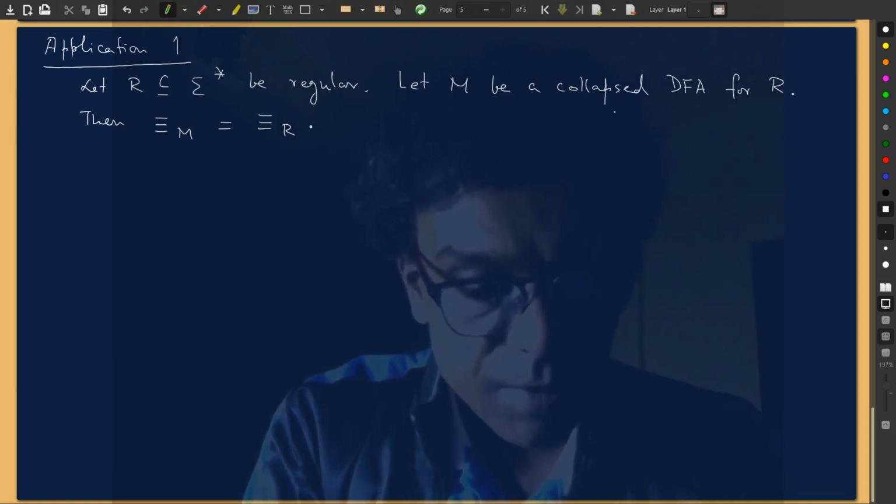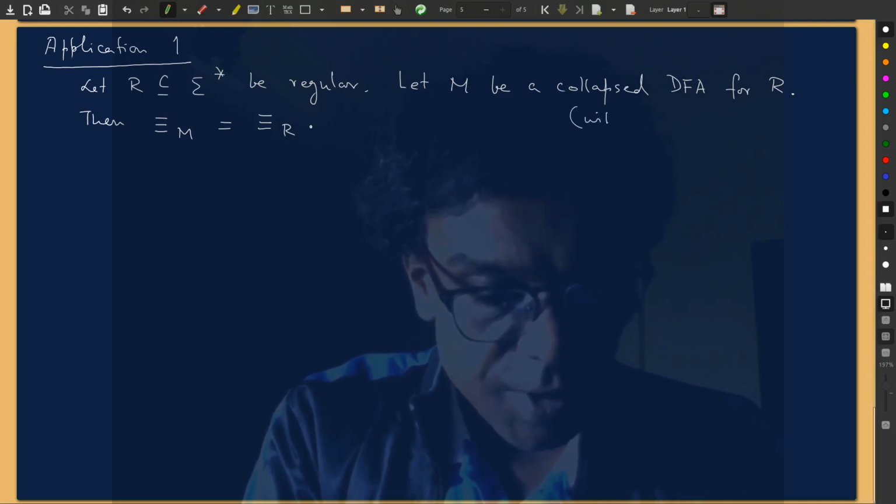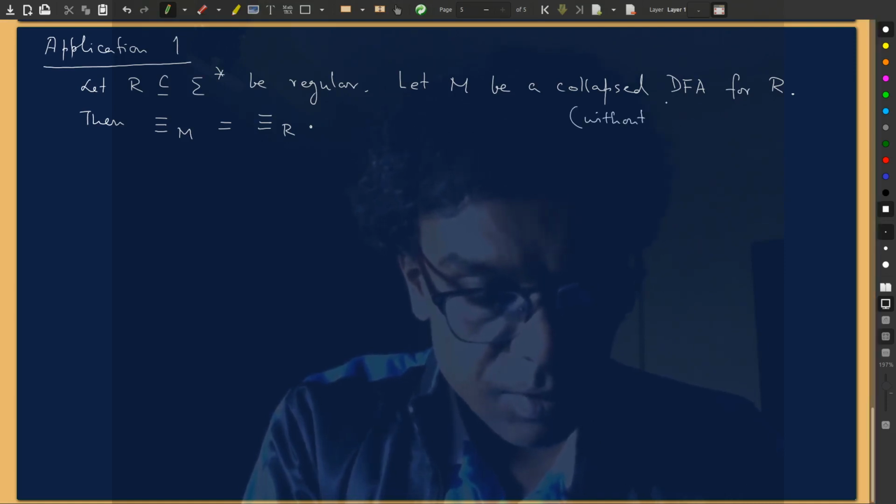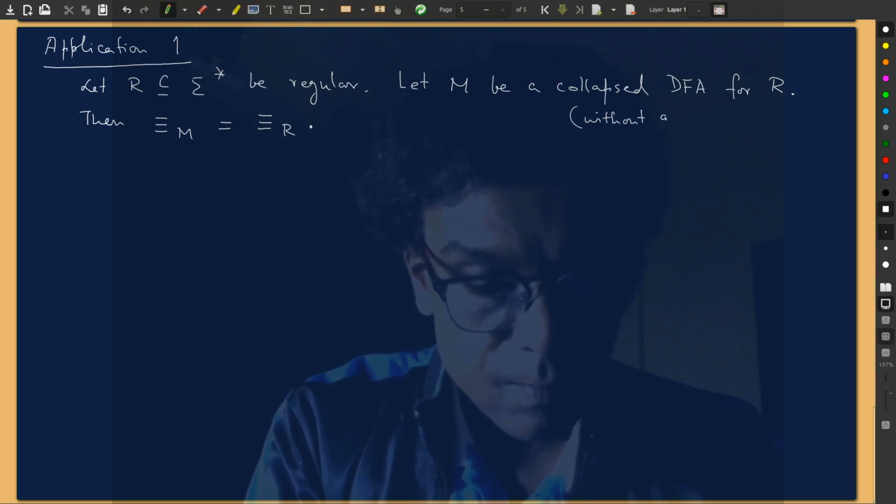Of course, I always assume in this context that M has no inaccessible states.